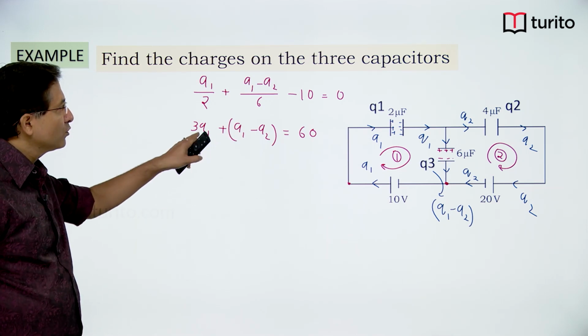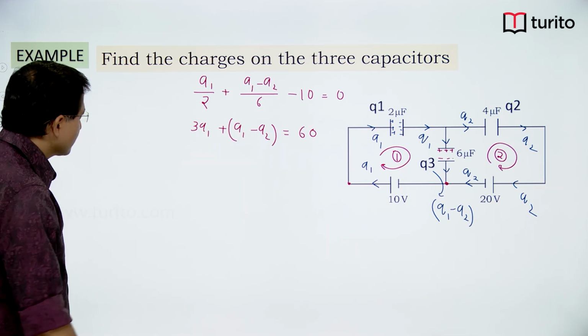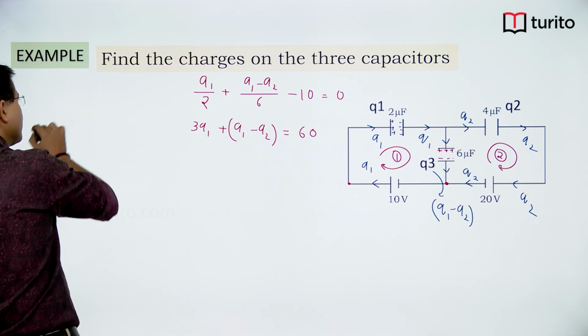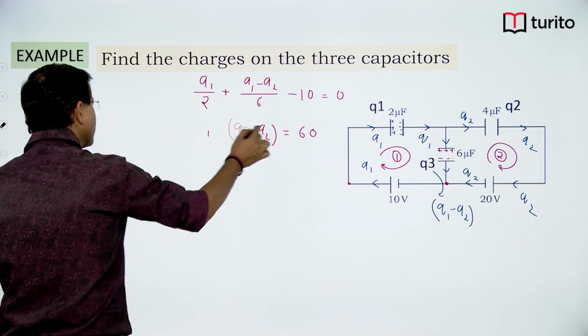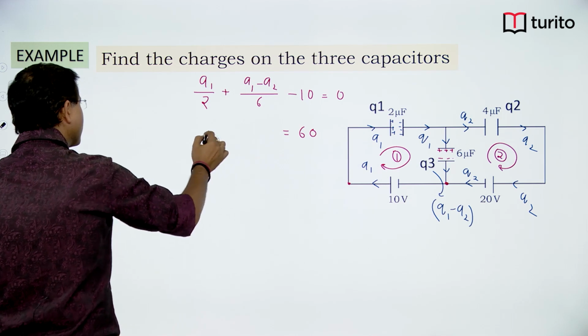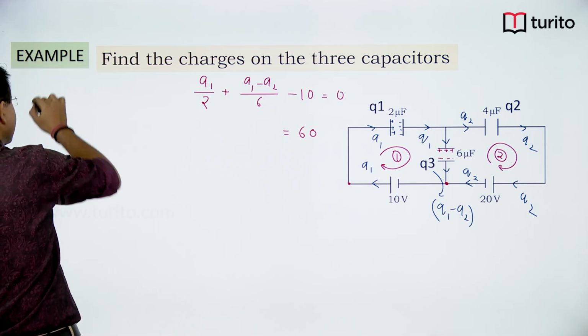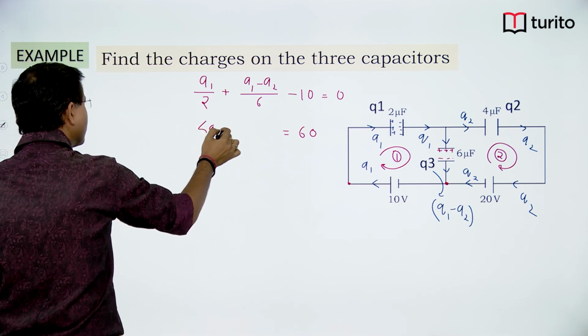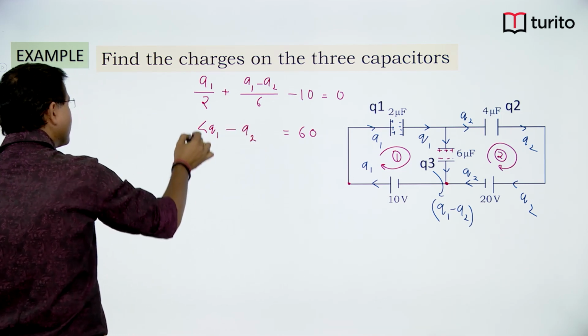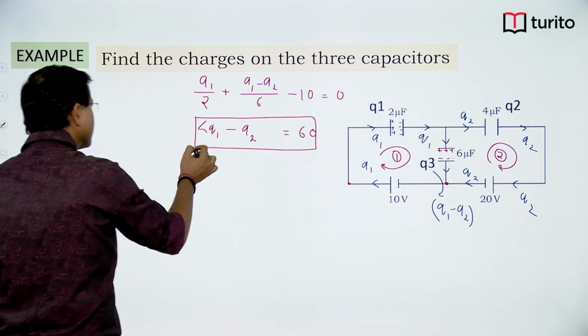So, 4q1 minus q2 is equal to 60. This is the first equation.